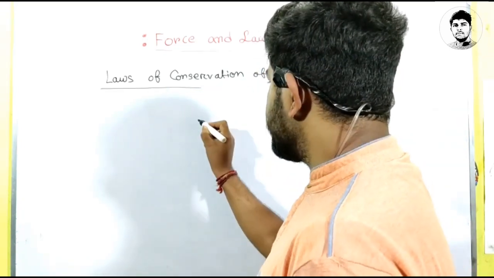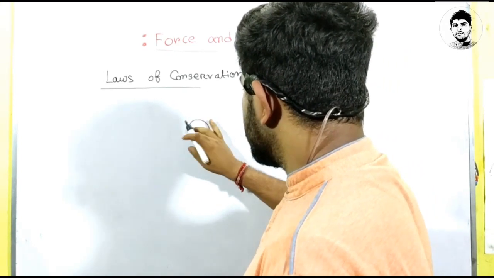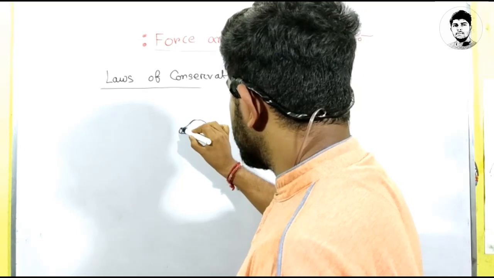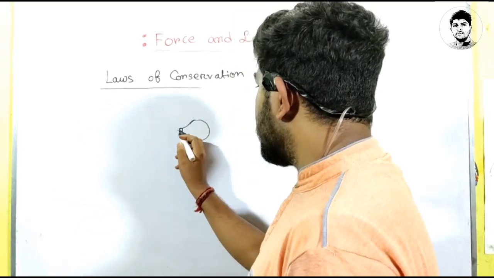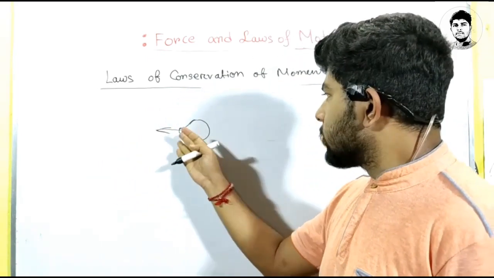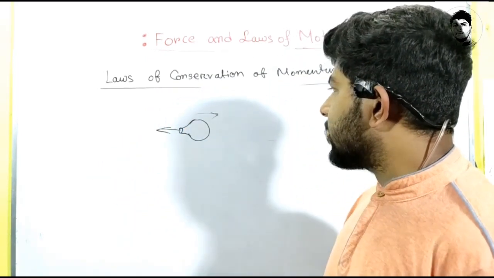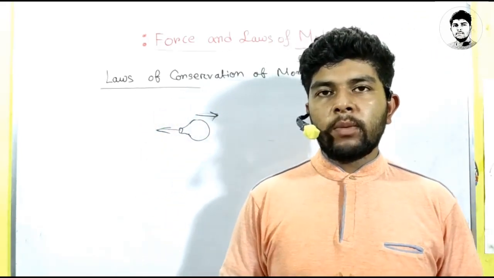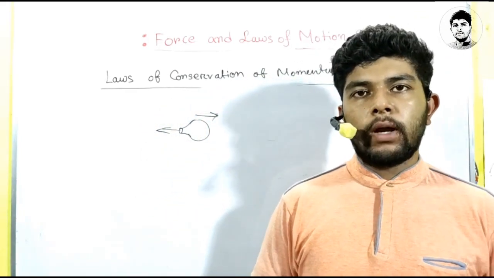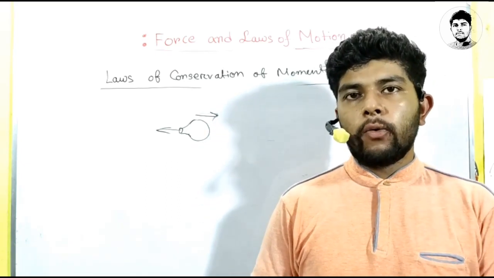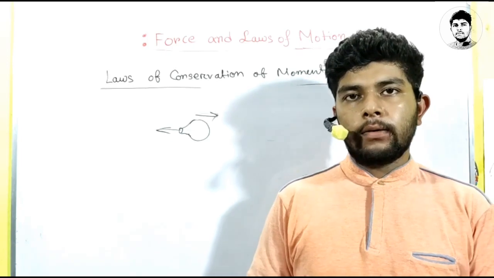So if you release the air from the balloon, the direction of the flow of air is in this direction, so the balloon wants to go in that direction. So the momentum of the total system is conserved here, right? Let's see how a balloon acts when we just release the air.